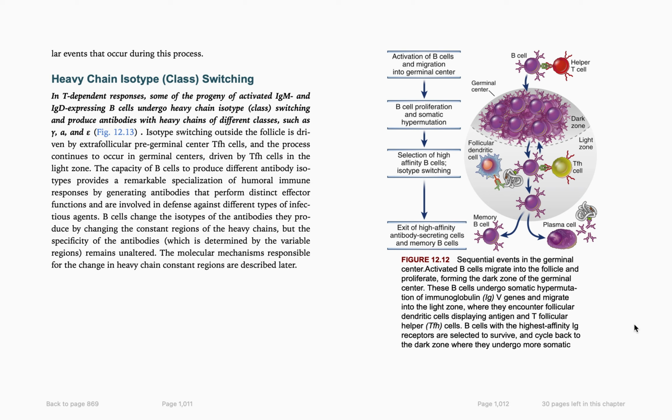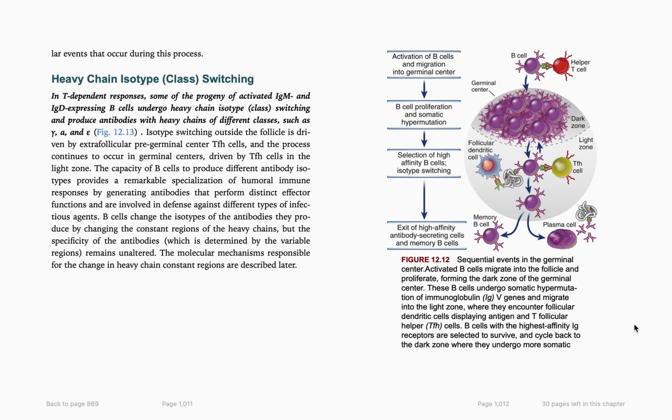The capacity of B cells to produce different antibody isotypes provides a remarkable specialization of humoral immune response by generating antibodies that perform distinct effector functions and are involved in defense against different types of infectious agents.